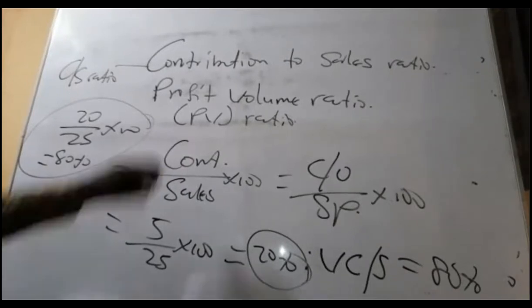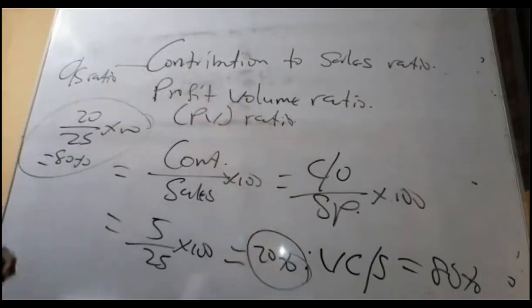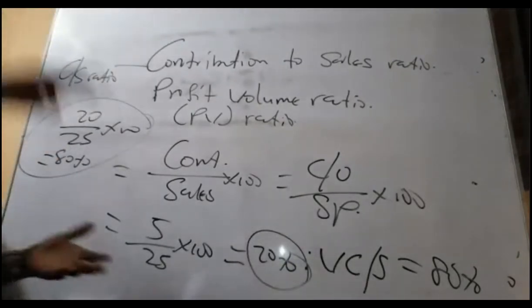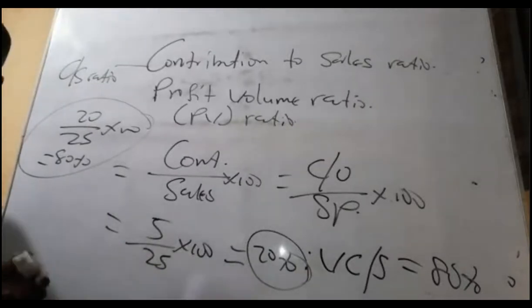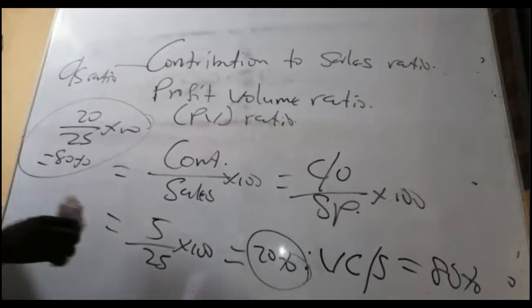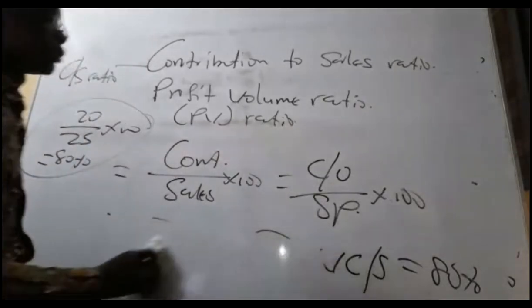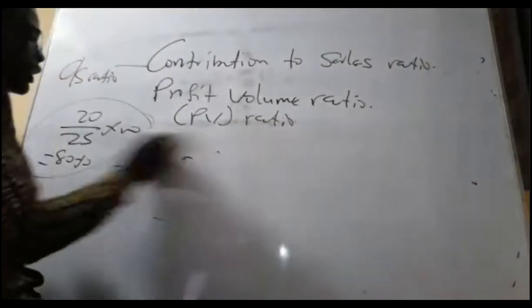As soon as you know the CS ratio, we can use it to calculate the break-even sales value, the margin of safety in terms of value, and also the break-even and target profit.